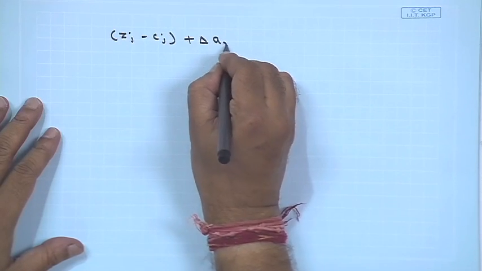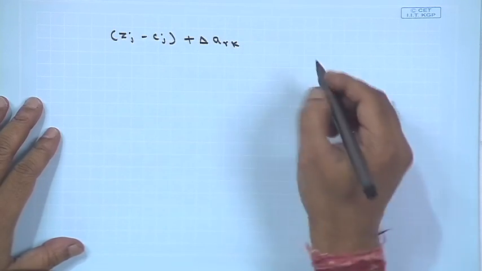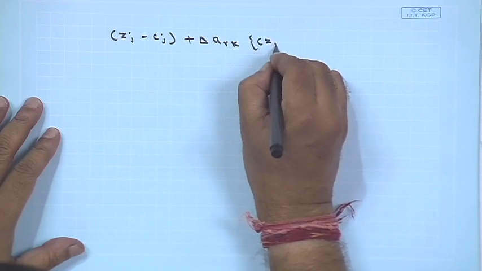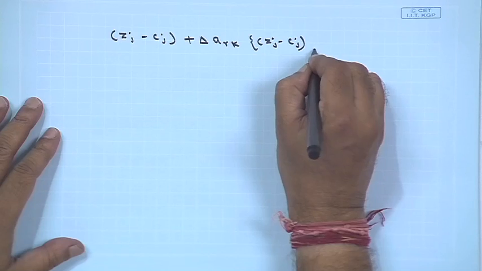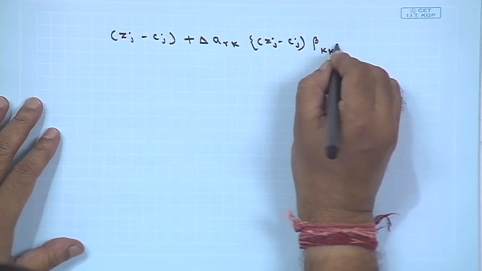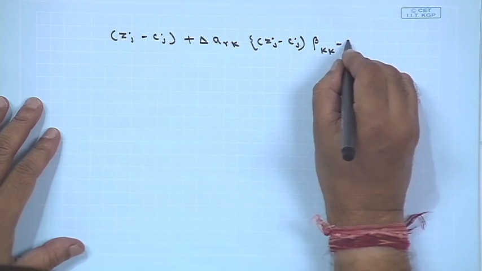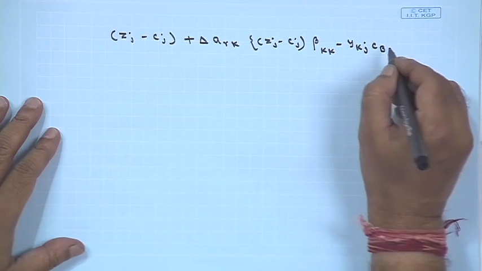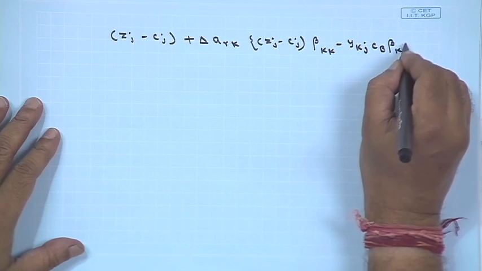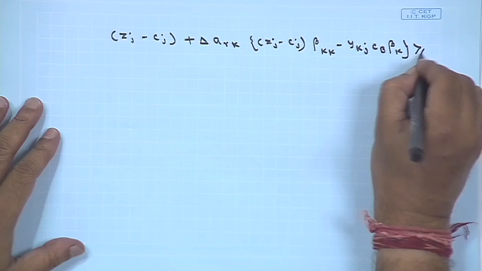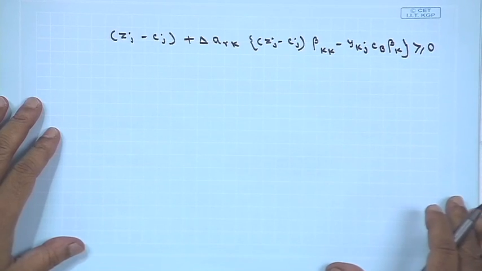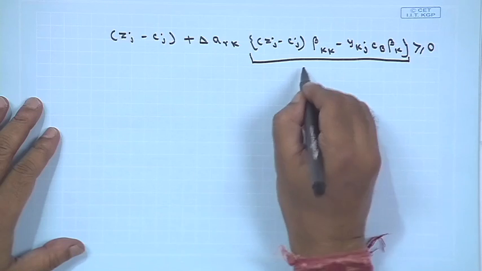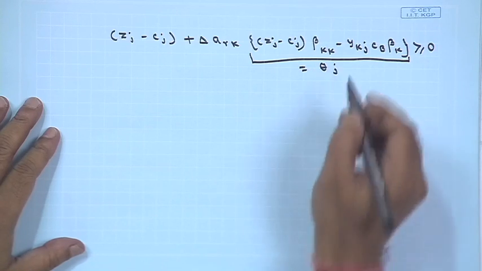implies your z j minus c j plus delta a r k into z j minus c j into beta k k from that itself minus y k j c b into beta k, this has to be greater than equals 0. Now, if you assume this quantity is equals to say theta j.